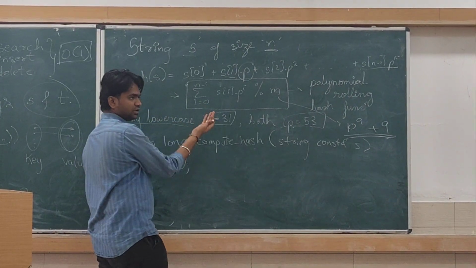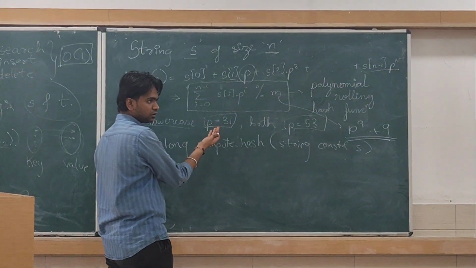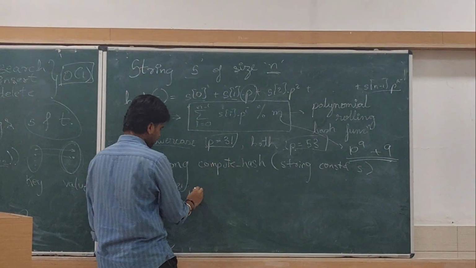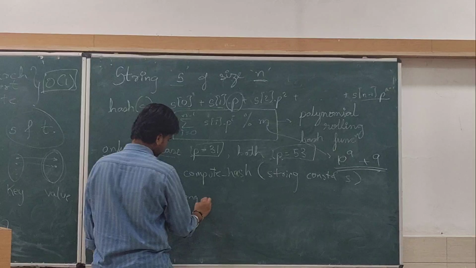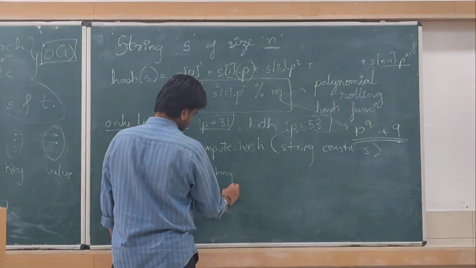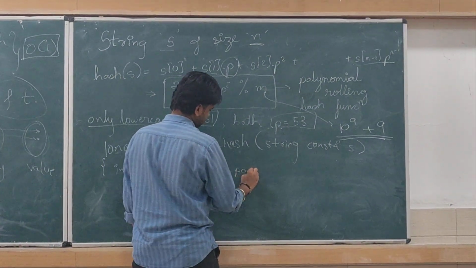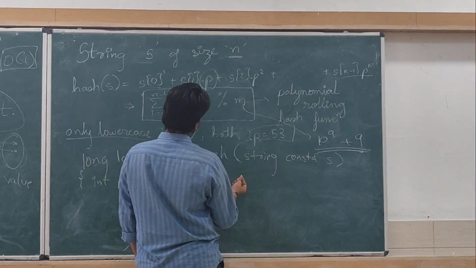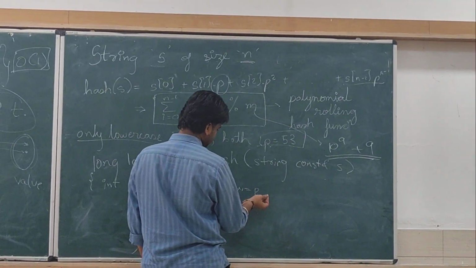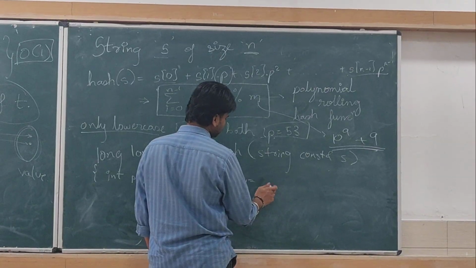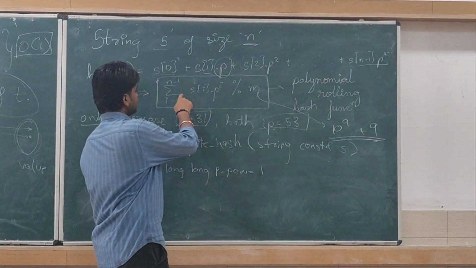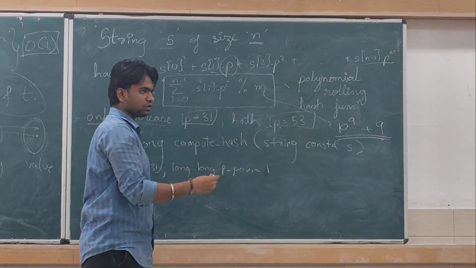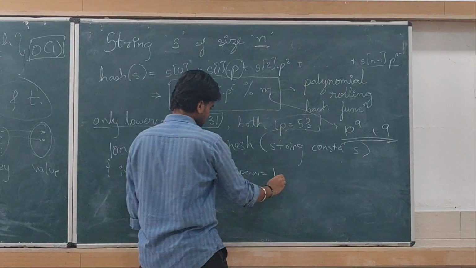P की power के लिए also you will require. हाँ, then p का power, let's say long p power. Let's say we started with 1 rather. S of 0 multiply 1 से हो रहा है ना, so let's start it with 1.